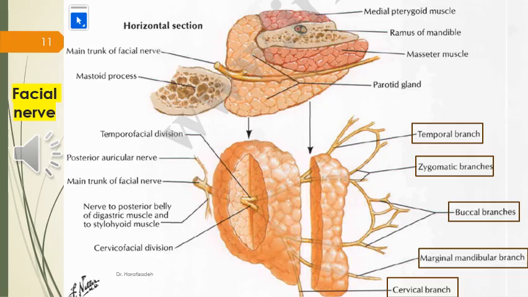This nerve emerges from the anterior border of the parotid and gives 5 branches. These 5 branches are clear in the lower picture: temporal branch, zygomatic branch, buccal branch, marginal mandibular, and cervical branches.